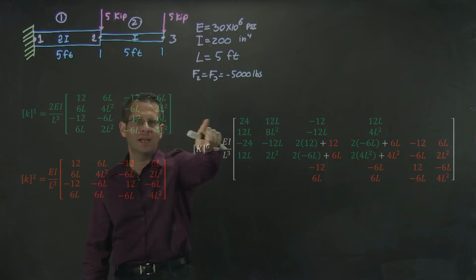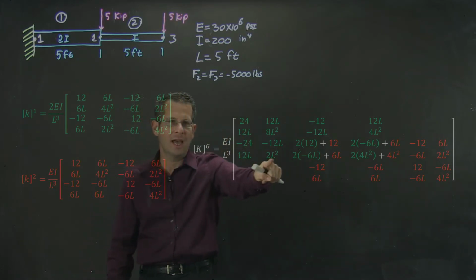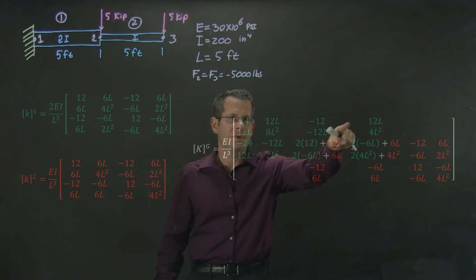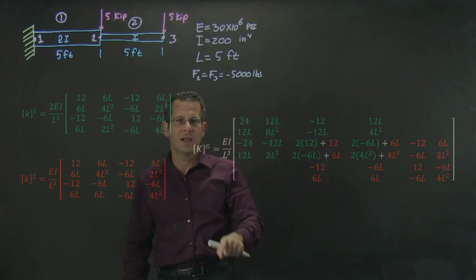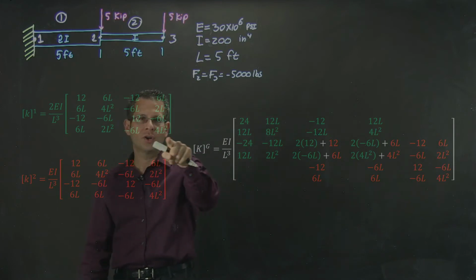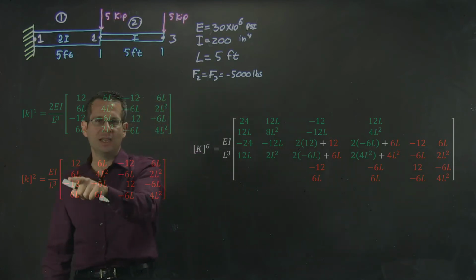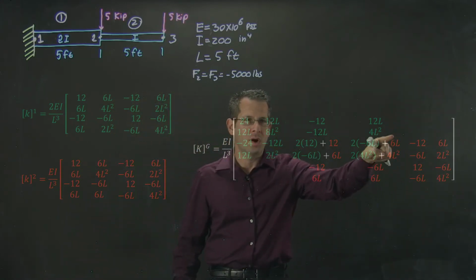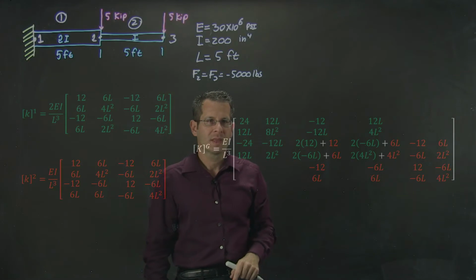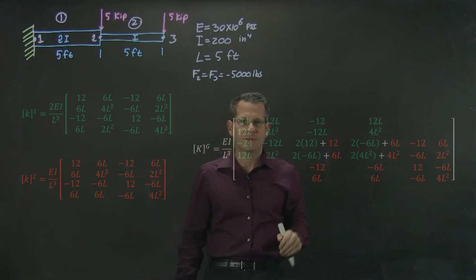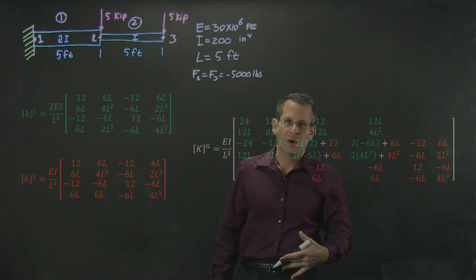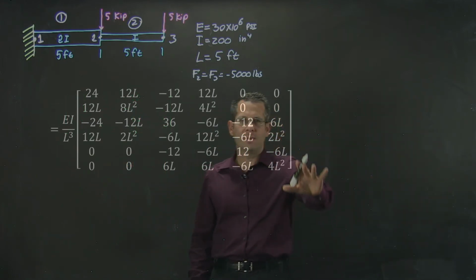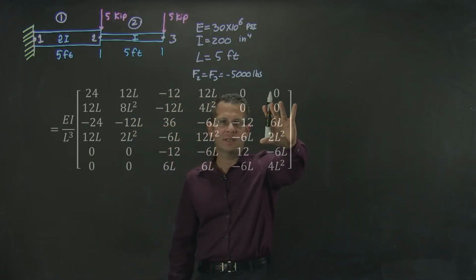This 6L becomes 12L, and each member of my local stiffness matrix gets assembled into the global stiffness matrix. These 4 terms here need to be added to these 4 terms here. So I get these 4 terms here. Everywhere else will be zeros. If I do this math and clean this up a little bit, I'll get my global stiffness matrix like this.